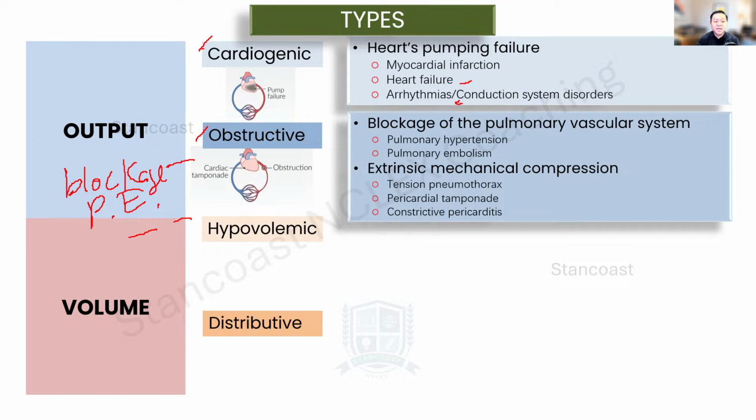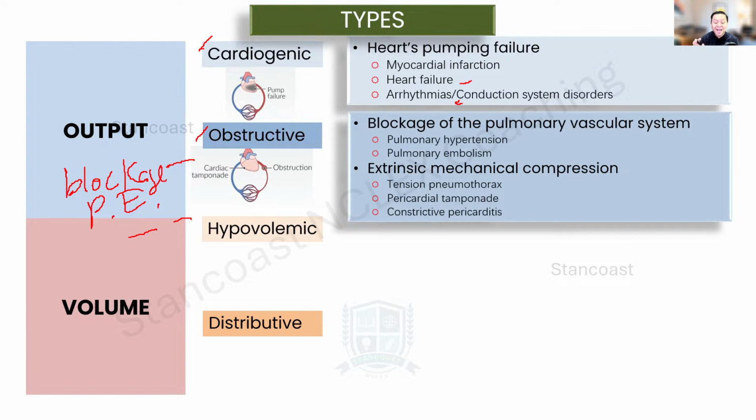All right, so other causes for the obstructive shock will be the following. We have tension pneumothorax. Remember about that abnormal presence of the sudden appearance of that air coming from just out of nowhere, maybe an injury, maybe from a bleb that burst. Okay, so it can lead to that tension pneumothorax.